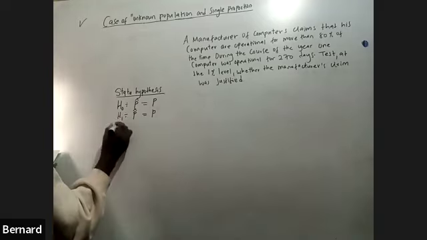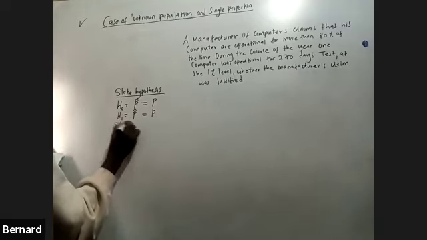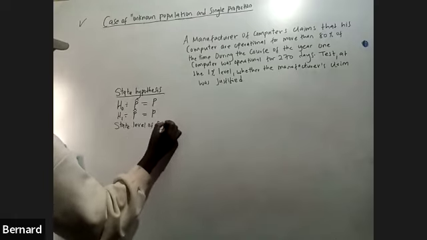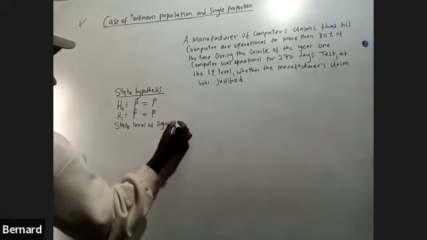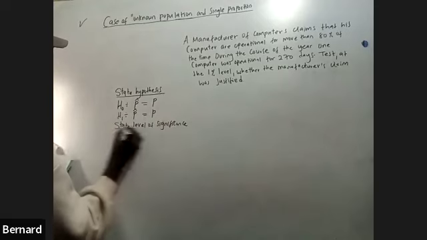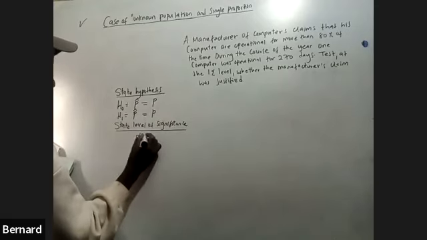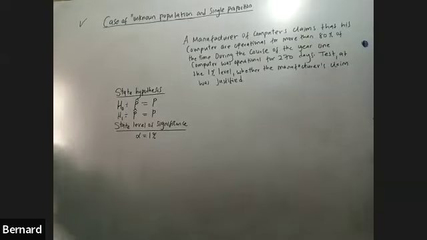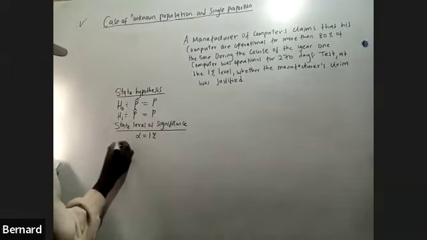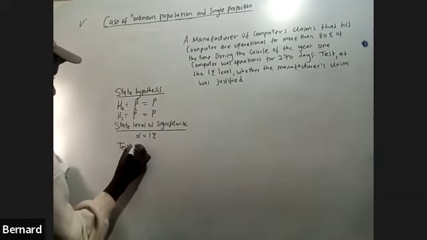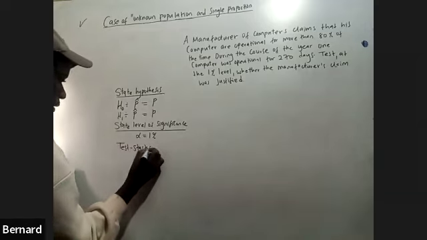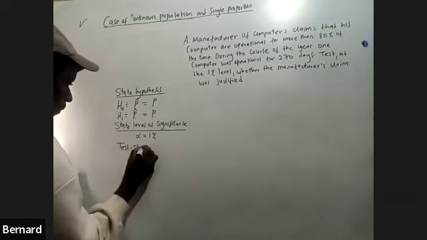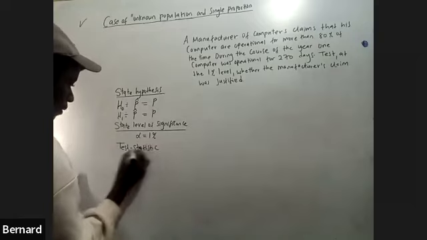Number two, we state the level of significance. So this is the next step. We state it as 1%. Step number three, we do the test statistic.